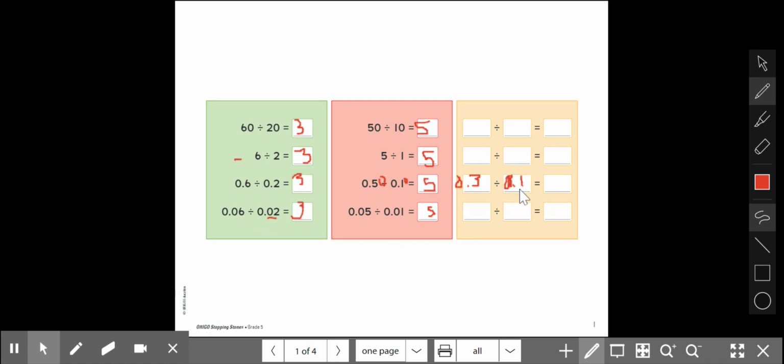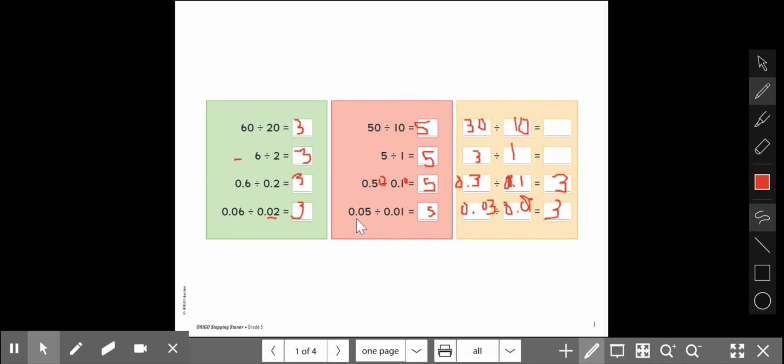That's saying how many groups of 1/10 are there in 3/10? There would be 3. I could write 0.03 divided by 0.01, and I'm going to end up with 3. And in here, I might put 3 divided by 1 or 30 divided by 10.